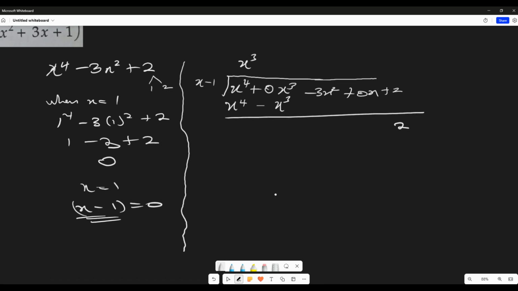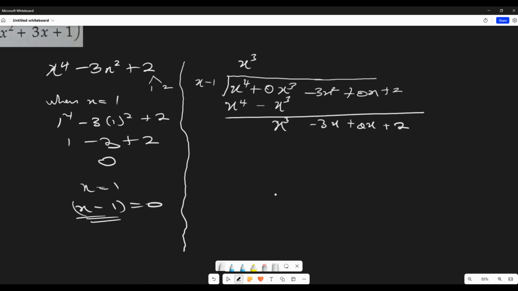The 0x cubed comes here, then minus 3x squared. This is the reason why we normally replace that gap, so this will have a counterpart to subtract. 0 minus minus 1 becomes plus, so this one becomes positive x cubed. Then the x to the power 4 will drop.